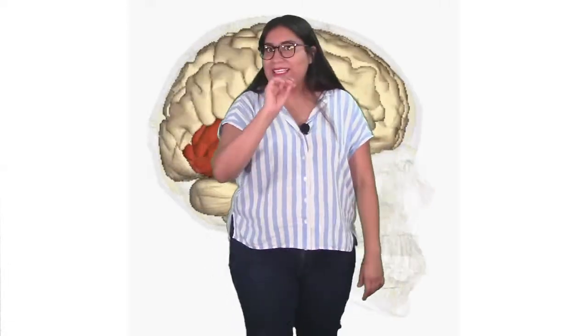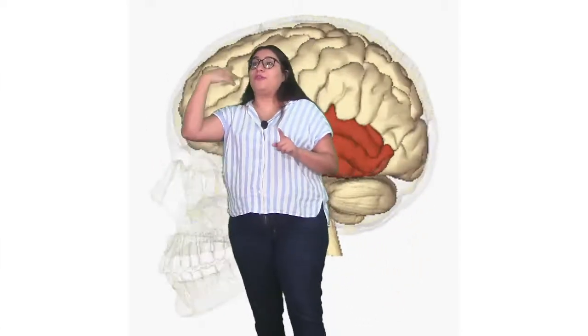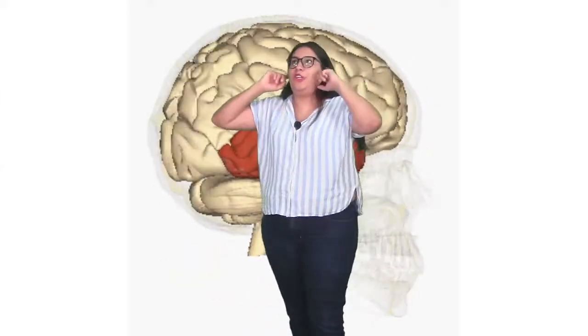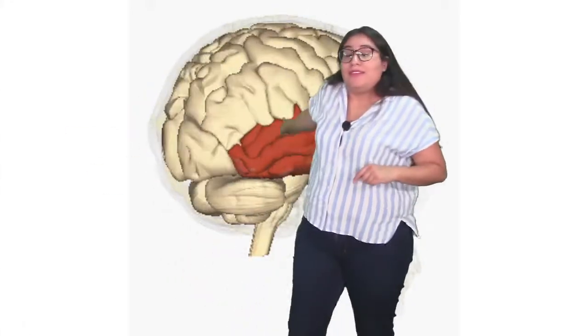The temporal lobe also contains regions dedicated to processing sensory information, particularly important information like hearing, recognizing language, and forming memories. It contains the primary auditory cortex, which receives information from the ears and processes it.